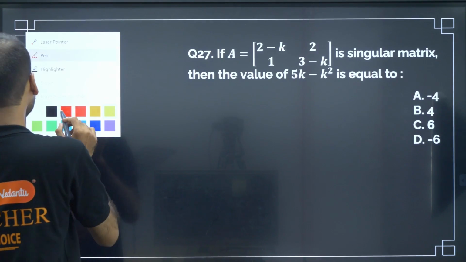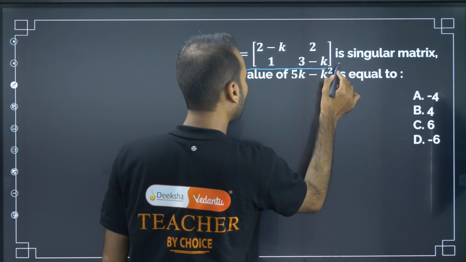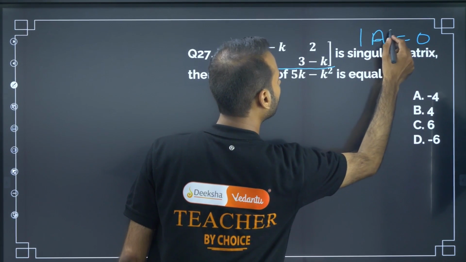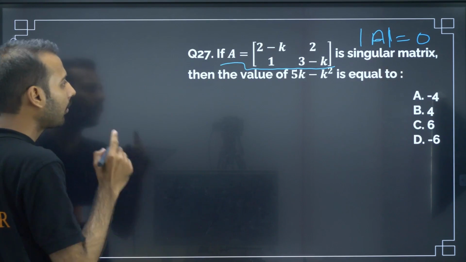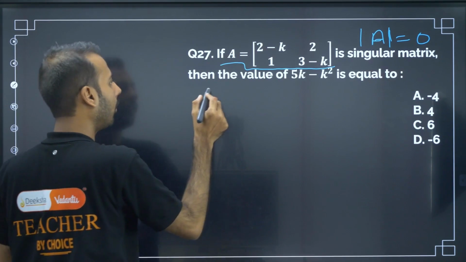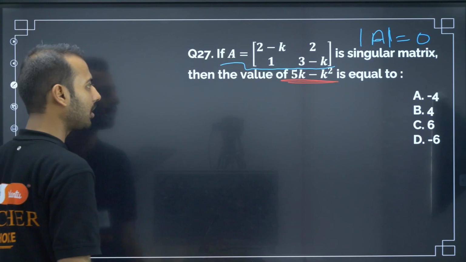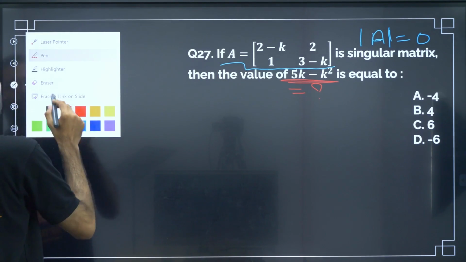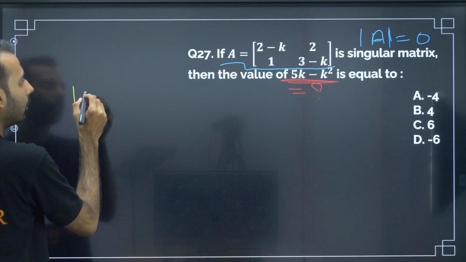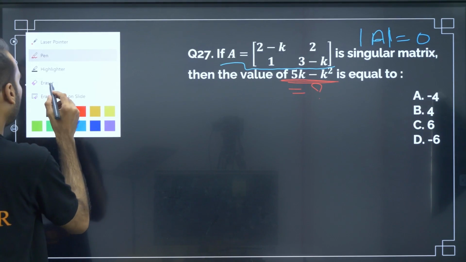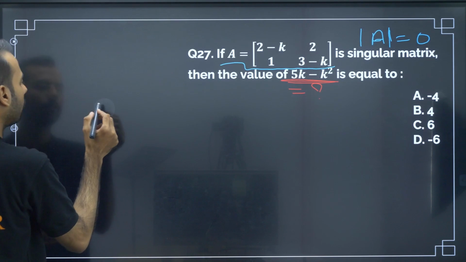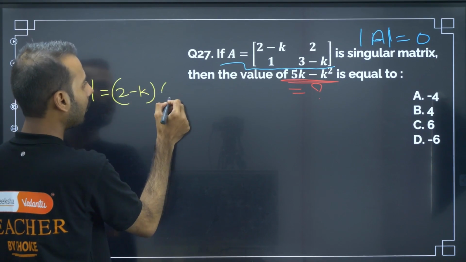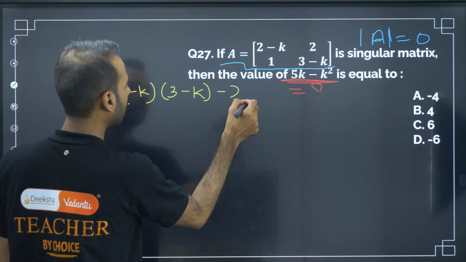A is equal to this, a singular matrix. Singular matrix means its determinant is 0. What is the value of 5k minus k square? If I apply the determinant on both sides, the determinant of A is equal to 2 minus k times 3 minus k, minus 2.